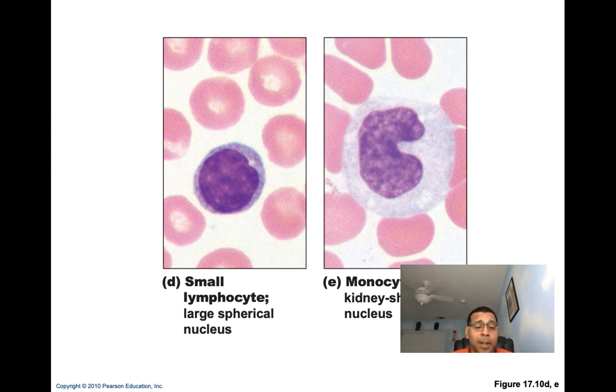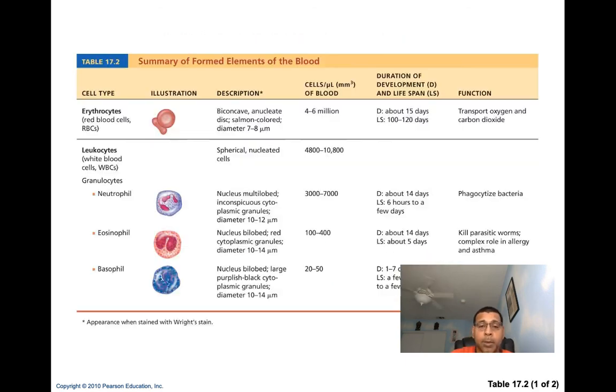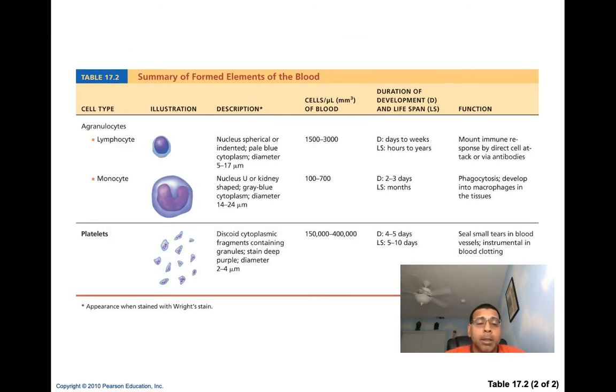Their function is that they seal small tears in blood vessels, and they're involved in blood clotting. I told you how they came from these megakaryocytes, so here we can appreciate those fragments.